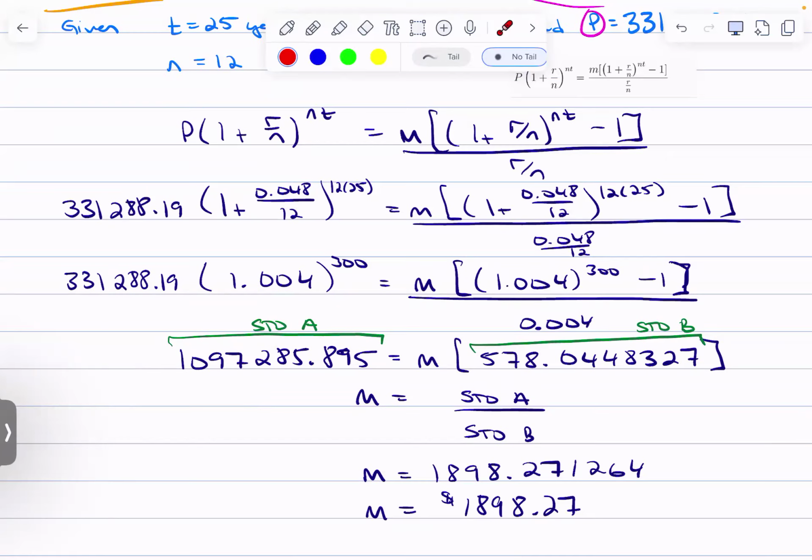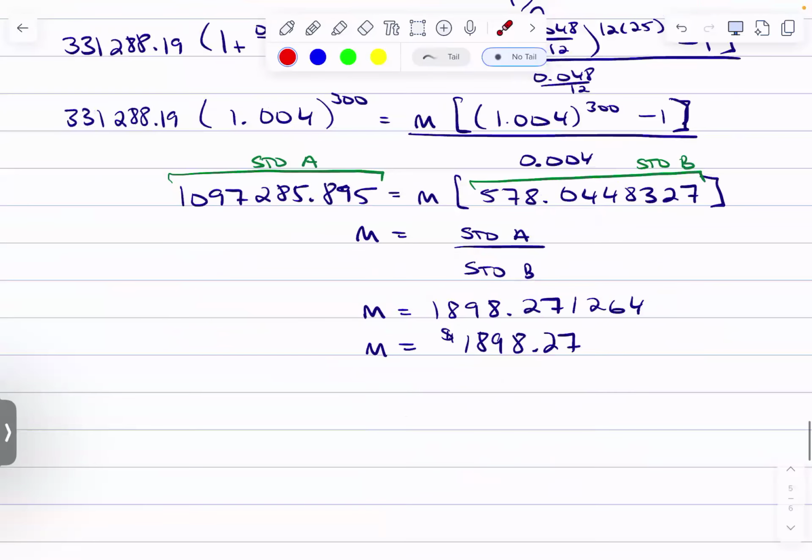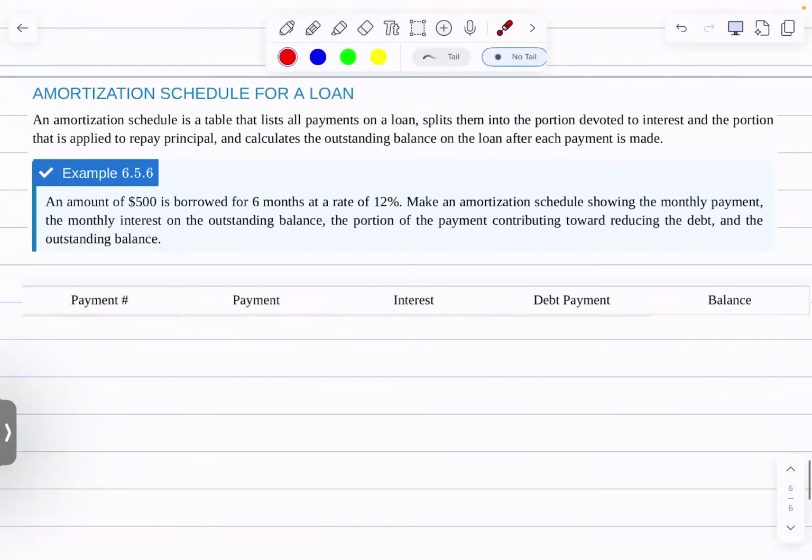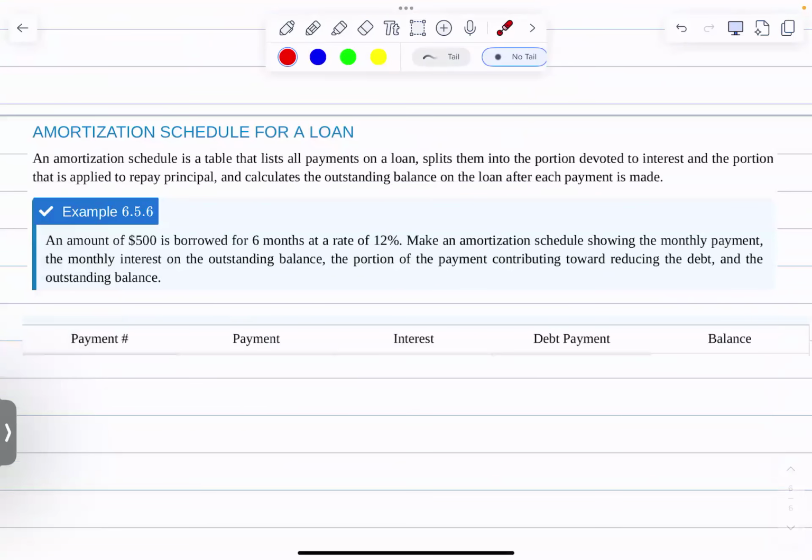So the last thing that we're going to talk about in financial math is the amortization tables. And so an amortization table or schedule for a loan. Sorry, we're not doing 6.5.